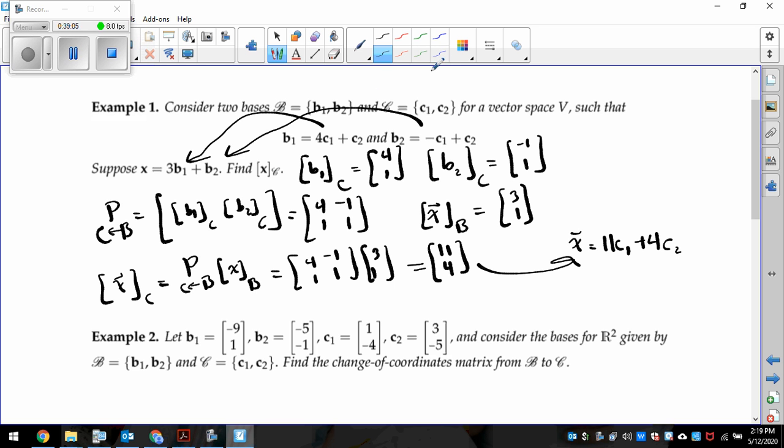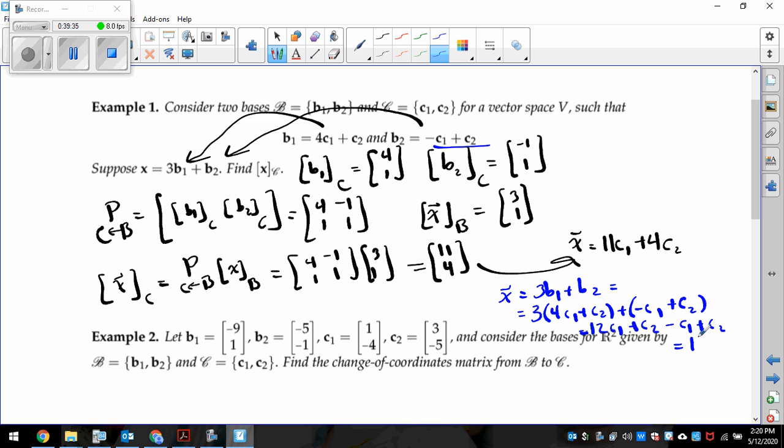Now, you could also try this by directly plugging these in. So let's check our answer. We're going to say x is given to be 3b1 plus b2. And if I replace b1 with 4c1 plus c2, and replace b2 with negative c1 plus c2, we're going to get 12c1 plus 3c2 minus c1 plus c2.